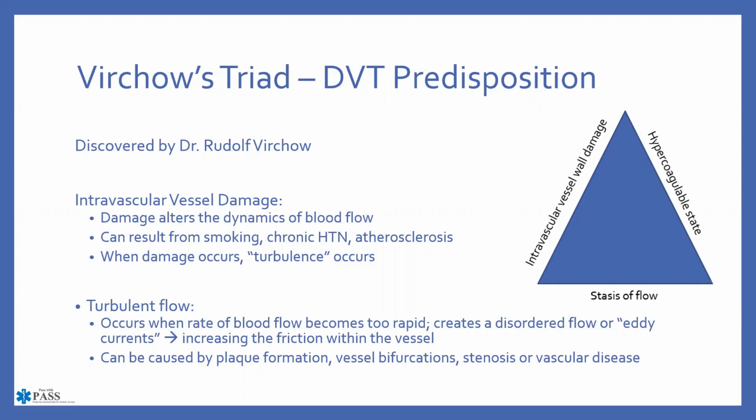So with the intravascular vessel damage, if we're looking at the left side of the triangle, the damage is going to alter the dynamics of blood flow. And the easiest way that I can kind of relate this to firefighters in the room is talking about any type of turbulence or friction. So we understand that with regards to hose lines and how we're going to have friction loss, and that's because of turbulent blood flow.